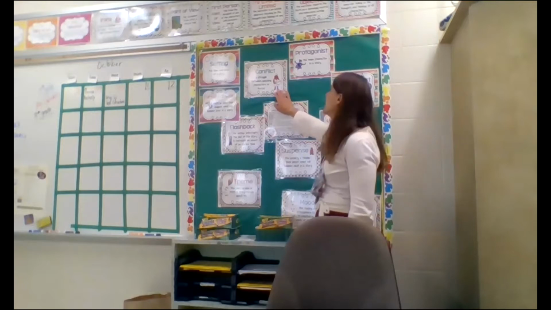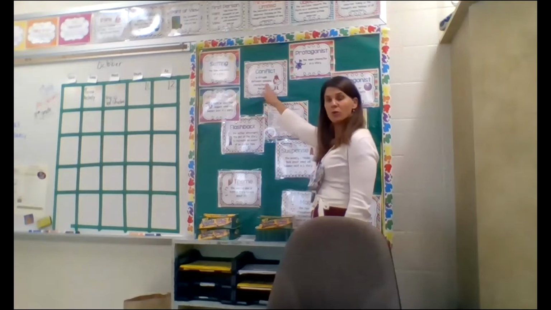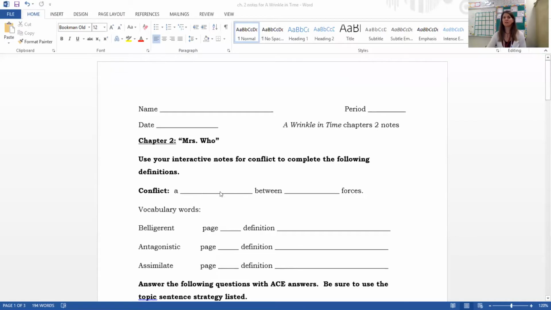You might not be able to read it. But it is a struggle between opposing characters or forces. So if we go back to our worksheet, pull that up here. A struggle between opposing forces. You're filling in those lines.